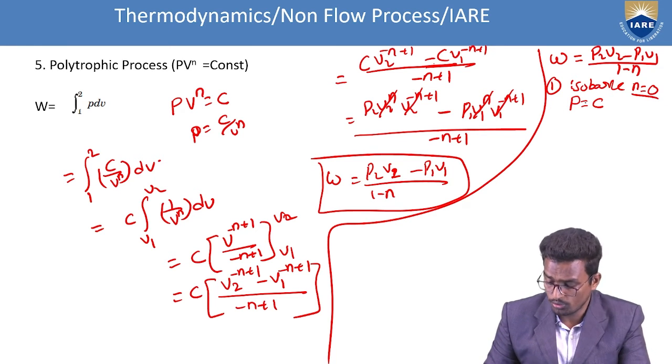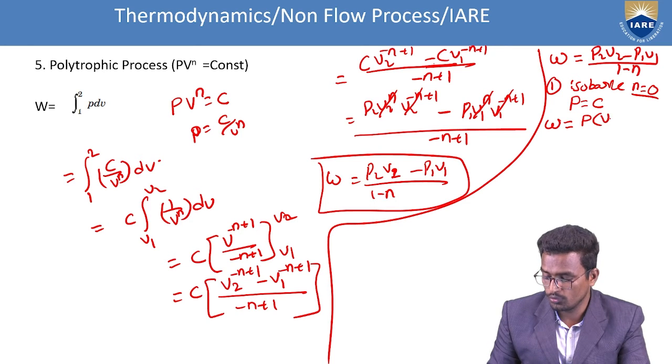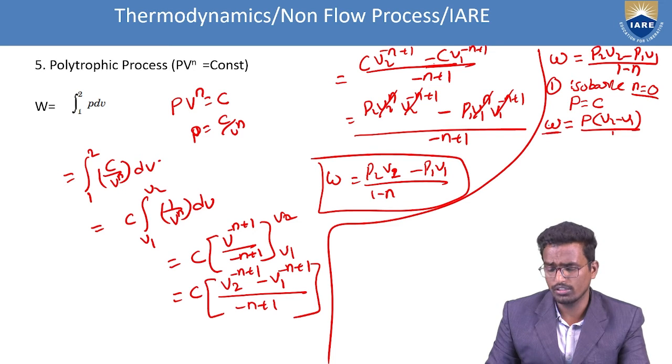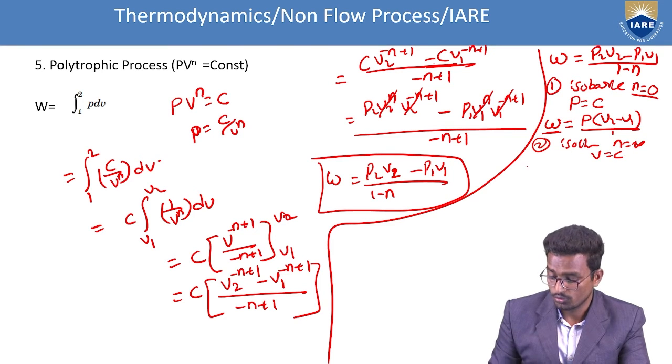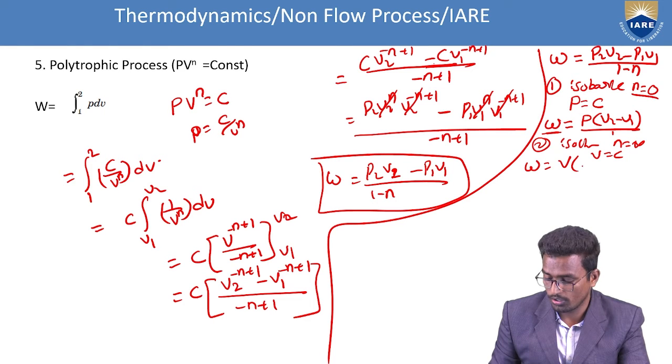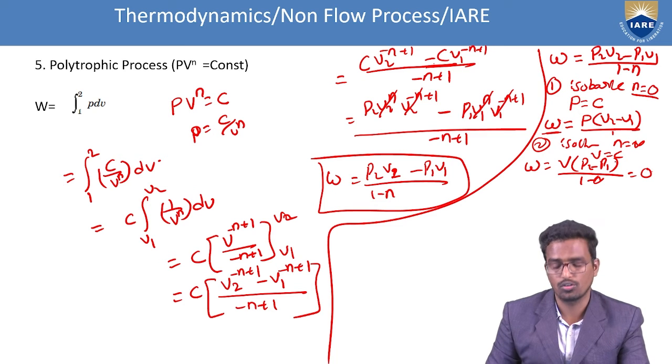You substitute the n value here, you get W is equal to P constant taken out, (V2 minus V1) by (1 minus 0), which is nothing but 1. So whatever you got in the previous case is the same equation. Again, in the isochoric process, n value we take as infinity and volume is constant. So W is equal to V constant into (P2 minus P1) by (1 minus infinity), which is equal to 0. Something by infinity we can call 0.